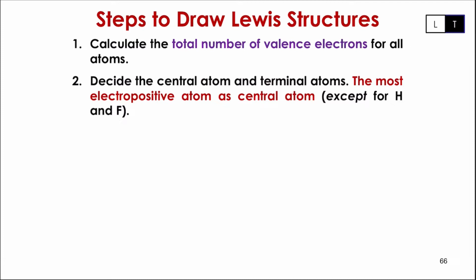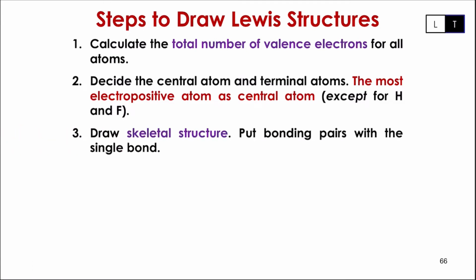Terminal atoms boleh jadi lebih daripada satu. In order for you to determine this part, the most electropositive atom is usually picked as the central atom, kecuali hydrogen and fluorine. Kedua-dua atom ini tidak mungkin, impossible untuk jadi central atom sebab dia biasa jadi terminal atoms.